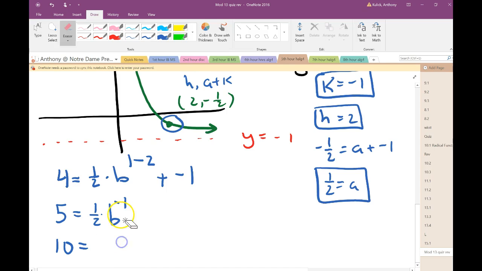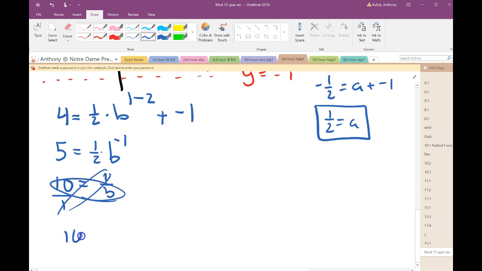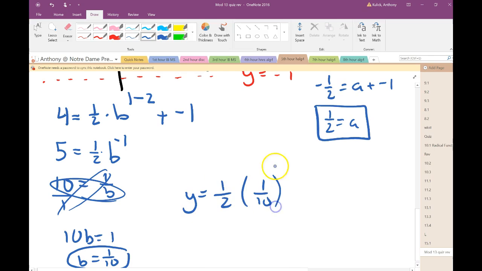And I guess at the same time, I'm going to observe that b to the -1 is 1 over b. And now to solve this equation, I'm just going to cross multiply. So I have 10b equals 1, or b equals 1/10. So I have everything I need now. So 1/2 times 1 over 10 to the x minus 2, minus 1.